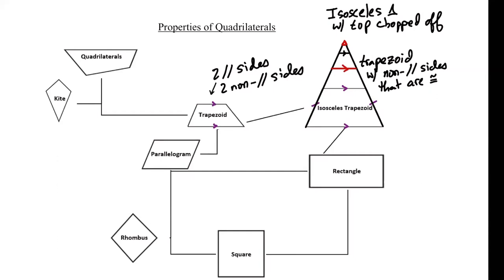I mean, they're all quadrilaterals, but opposite sides are parallel. Right. Opposite sides are parallel, and there's no other requirement in order to become a parallelogram, but there are other properties.